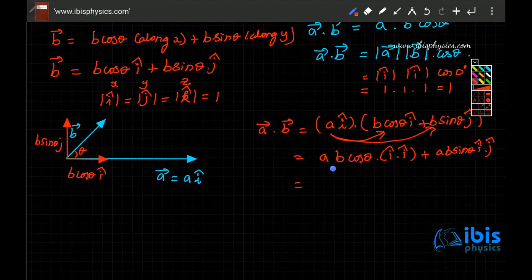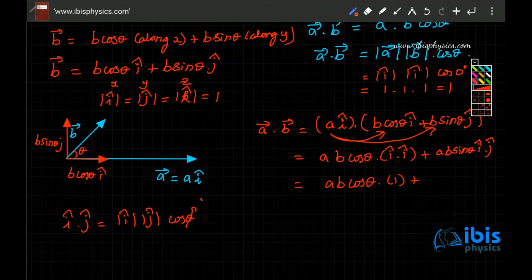So it is AB cos theta into 1 plus AB sin theta i dot j, because the j vector is 90 degrees to the i vector, right? So i vector dot j vector is equal to modulus i modulus j into cos theta, here theta is 90 degrees. So it is 1 into cos 90, which is 0. So i dot j is 0.